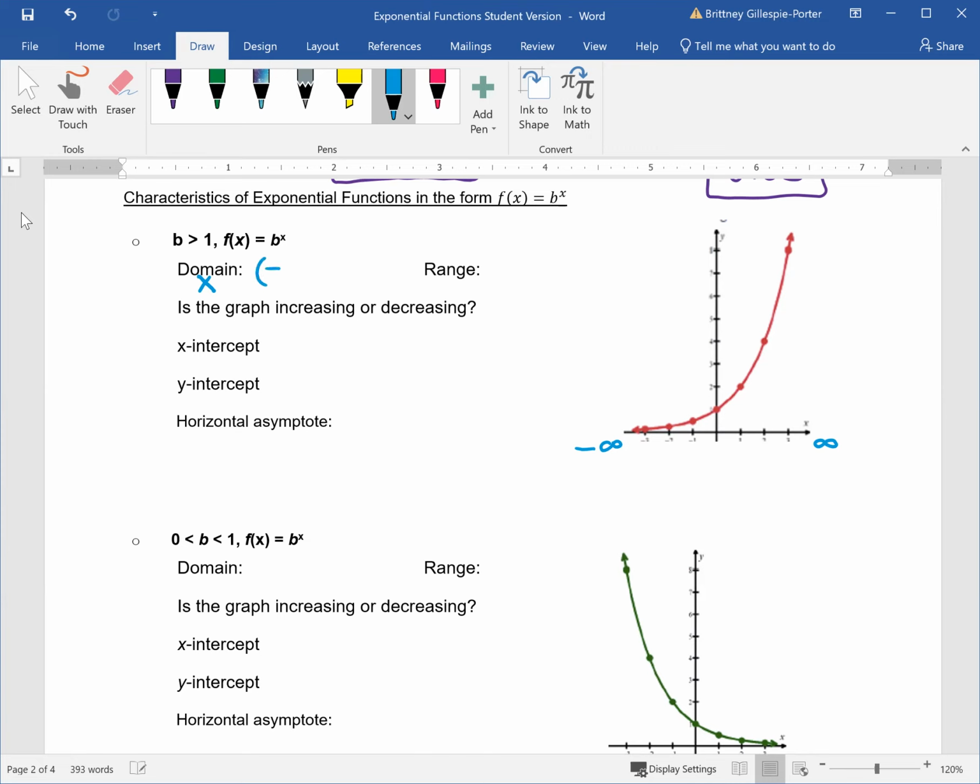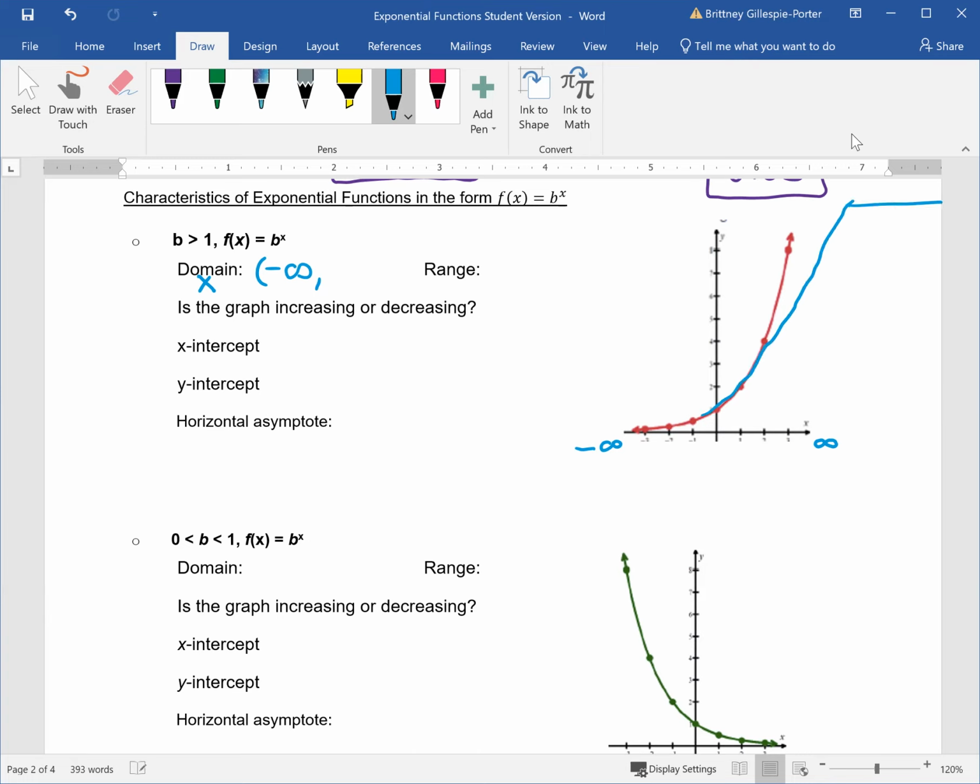So our domain, we're going to start with the smallest, which is negative infinity, because it'll keep going and going and going. Eventually, I'll be able to plug in negative 1,000, negative 1,000,000. On the flip side, going to the right-hand side, my graph keeps going up and up and up, and I know people are going to concentrate on that, but notice that it's going over.